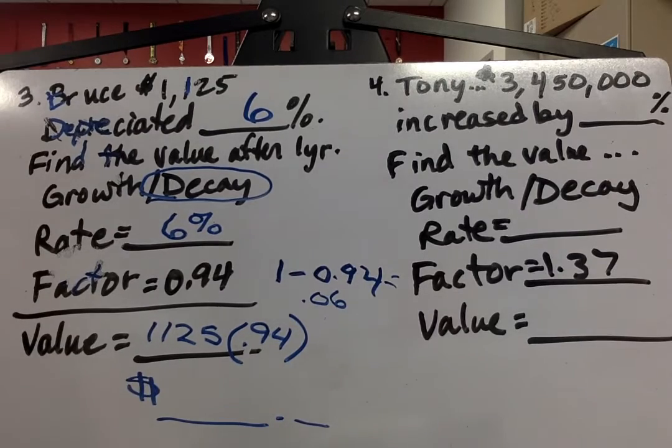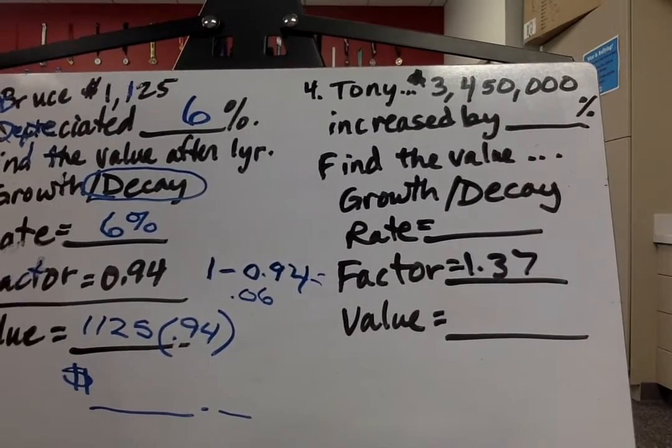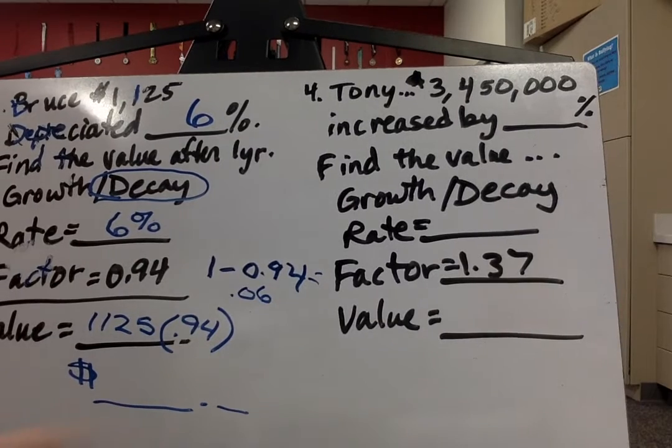Now we're going on to number 4. Tony bought a business for $3,450,000. It increased how much? Find the value after 1 year. Well, the factor is 1.37.